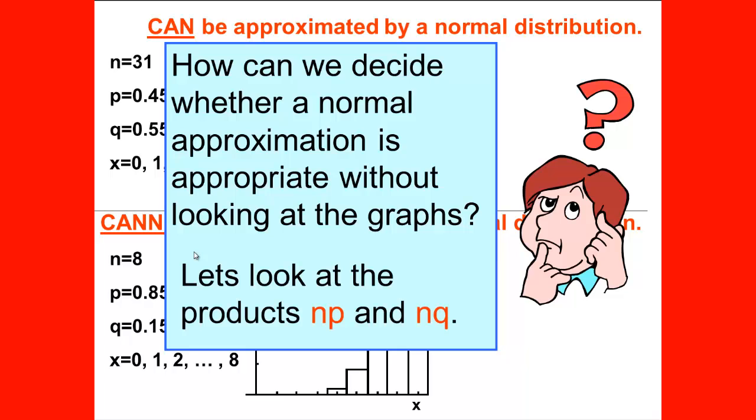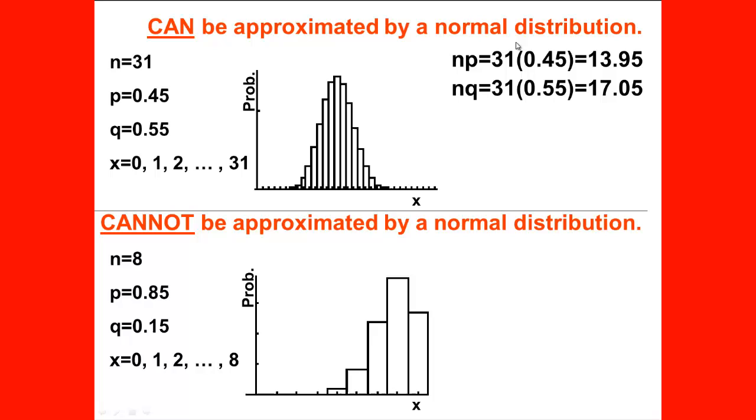Mrs. Borlaug looks at the products of N times P and N times Q. N times P would be 31 times 0.45, which gives us 13.95. And N times Q is 31 times 0.55, or 17.05.